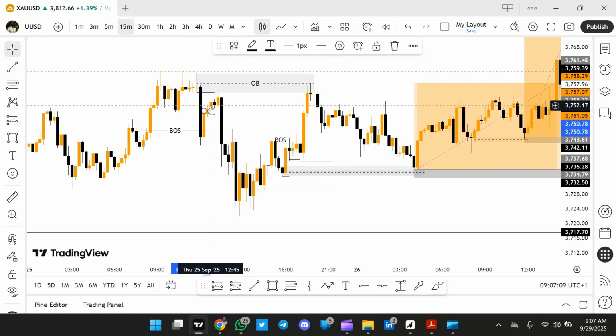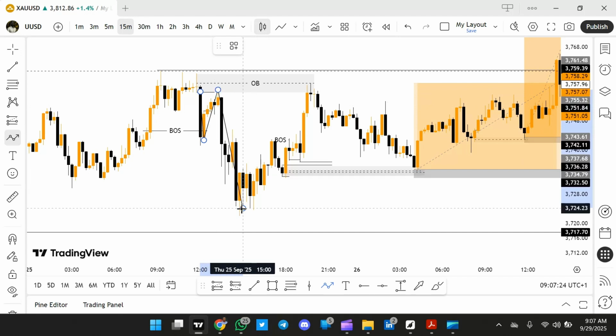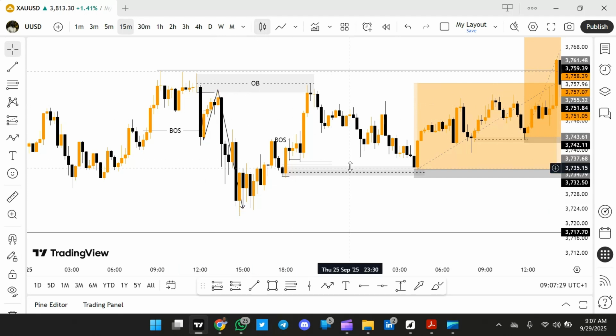So this gap you are seeing is what we refer to as a fair value gap. And what do you see? Price came back and tapped into it after the break of structure, and began to sell. So this is a bearish OB, and this is a bullish OB.